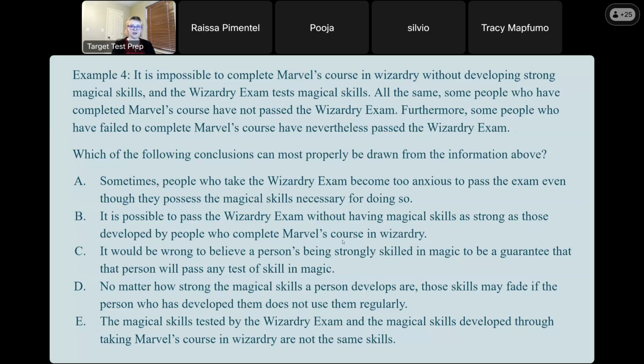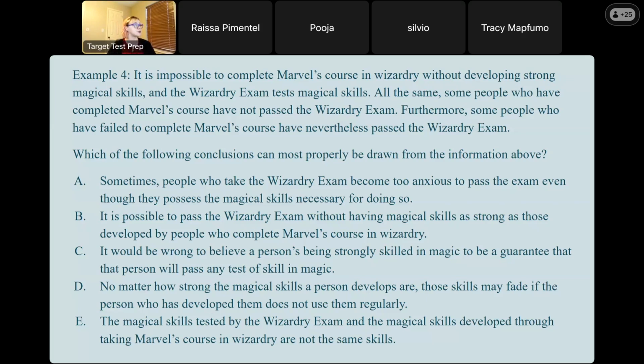Now I'm liking the, let's see. Yep. There is questions without developing strong magical skills, so it seems Marvel's course is strong.